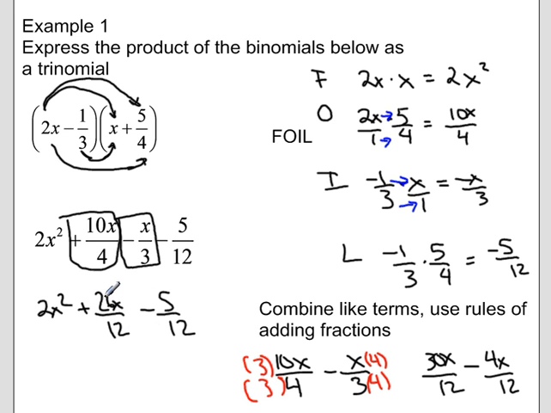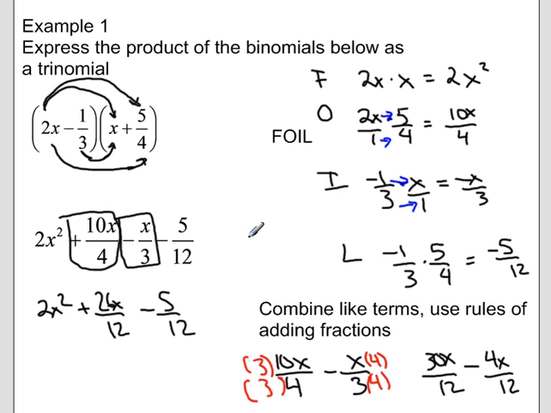Now, you could still reduce 26 over 12. What does 26 over 12 reduce to? Well, let's think about it for a second. We know that 2 definitely goes into 26. Does 4 go into it? No, 4 doesn't go into it. 6 doesn't. 8 doesn't. 10 doesn't. 12 doesn't. And yeah, so we got to use 2.